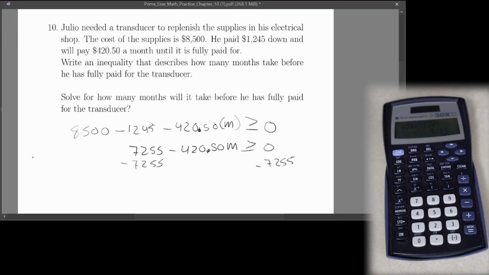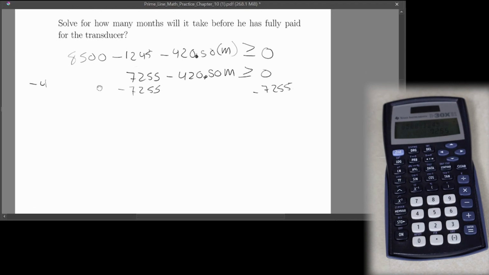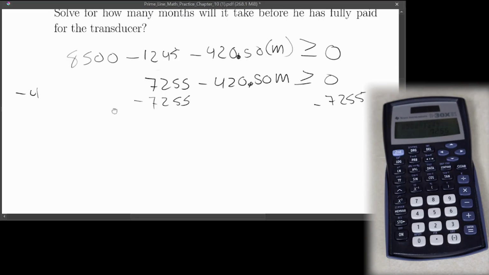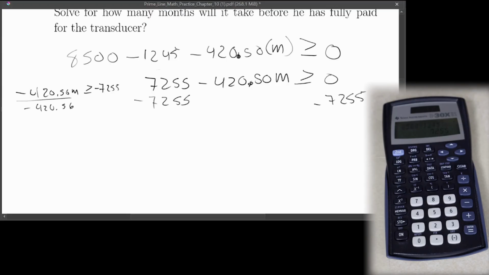So now we have negative 420.50 months greater than or equal to negative 7255. We're going to divide by negative 420.50.